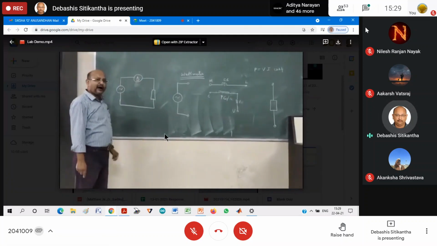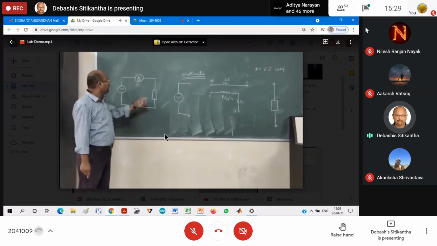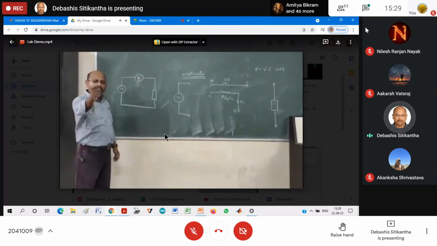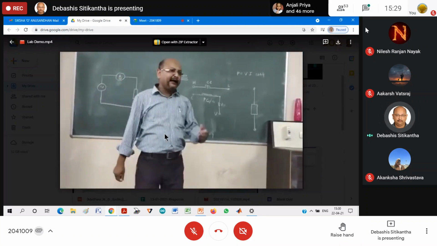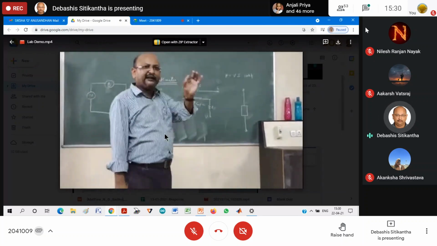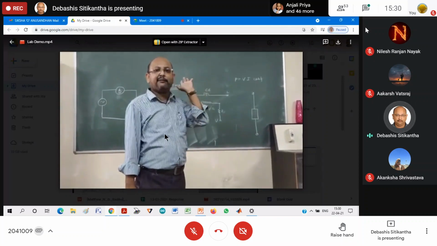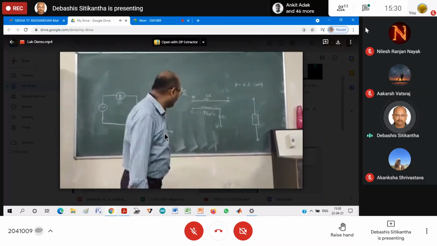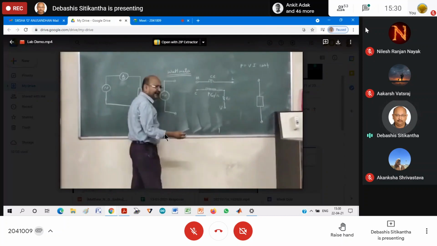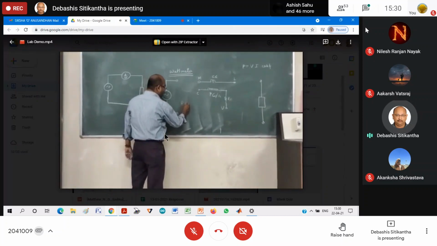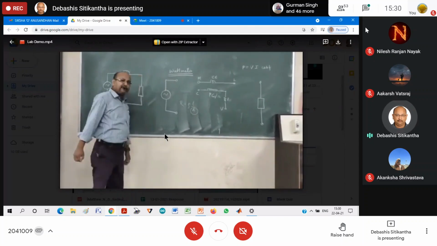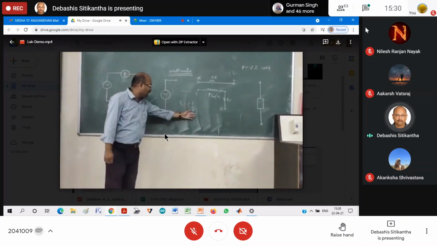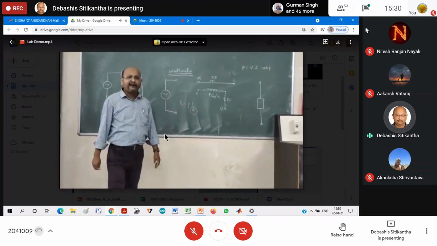Therefore, how to minimize the current loss in this particular ammeter? For that, electrical people have developed a very simple method. They use a coil of very thick material and very few turns. Why is it so? Because if it is thick, the resistance is very small, because R is equal to rho L by A. If it is thick, the area of cross section is very high, so if A is very high, R is going to be less.